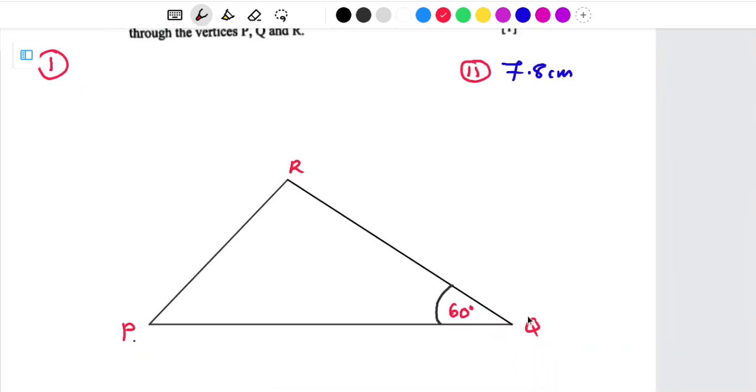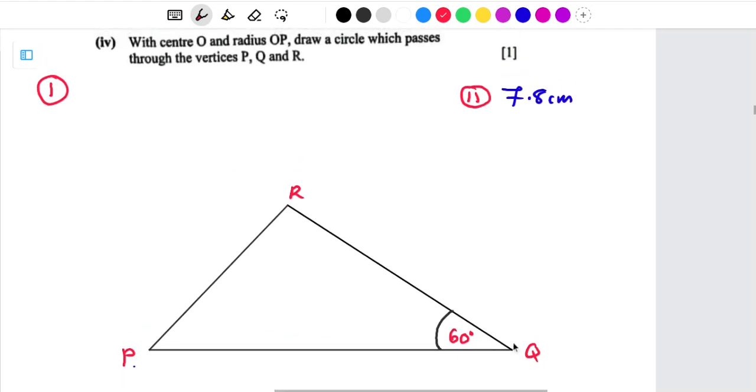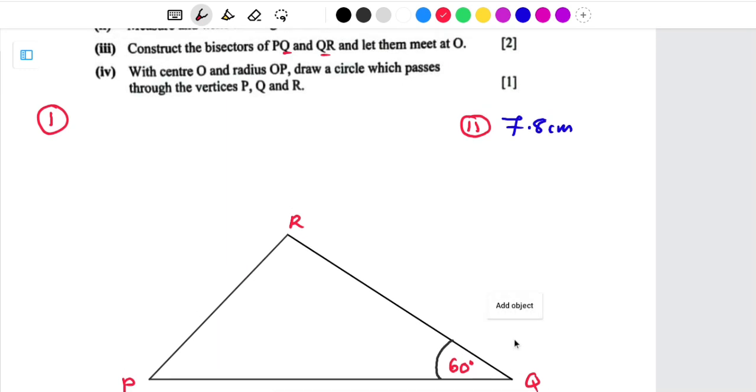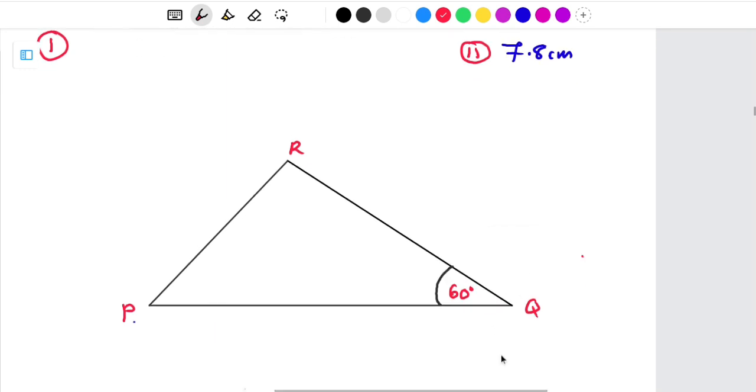Number one, once you open your compass, you are going to go on Q. So when you put your compass here, the sharp part of your compass, then you draw a bisector here. Even here. You also draw it here. You bisect.